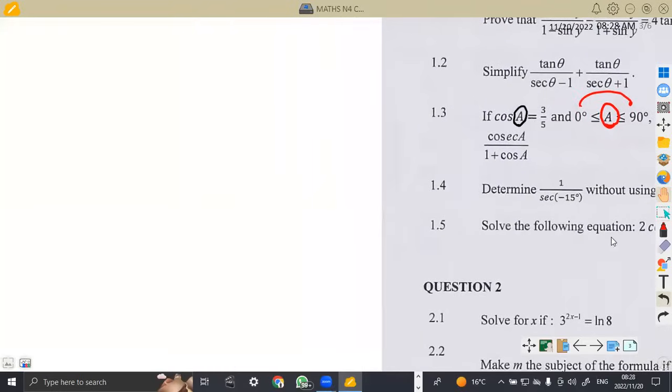The first thing is for us to indicate the region where we are supposed to have this cos A, because we're given that cos of A is equal to 3 over 5. From our identities, from SOHCAHTOA, cos is equivalent to adjacent over hypotenuse.